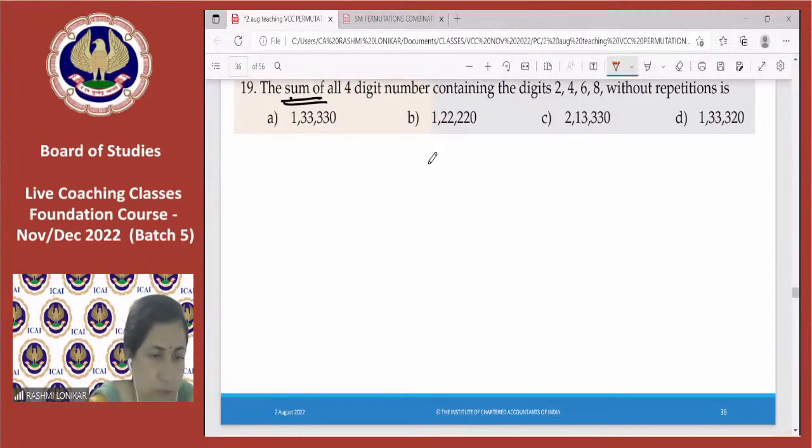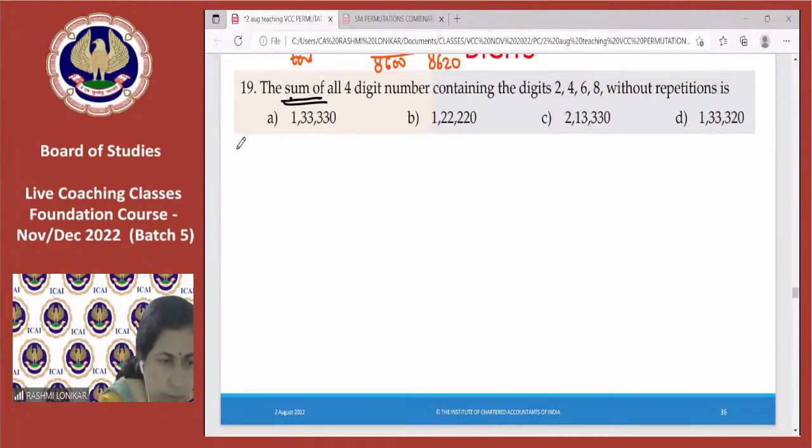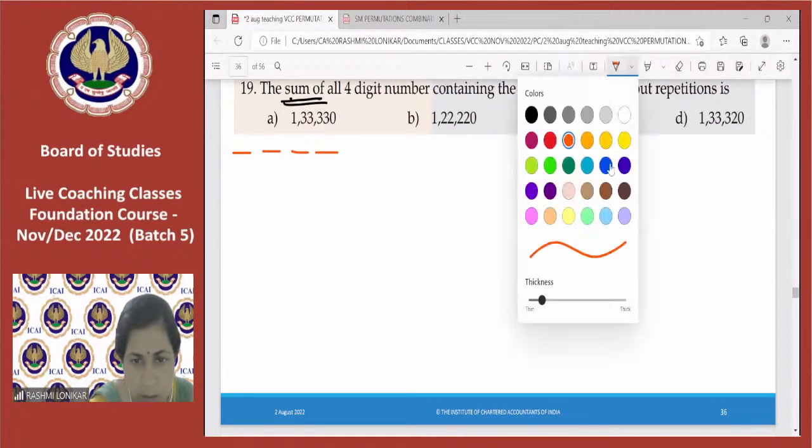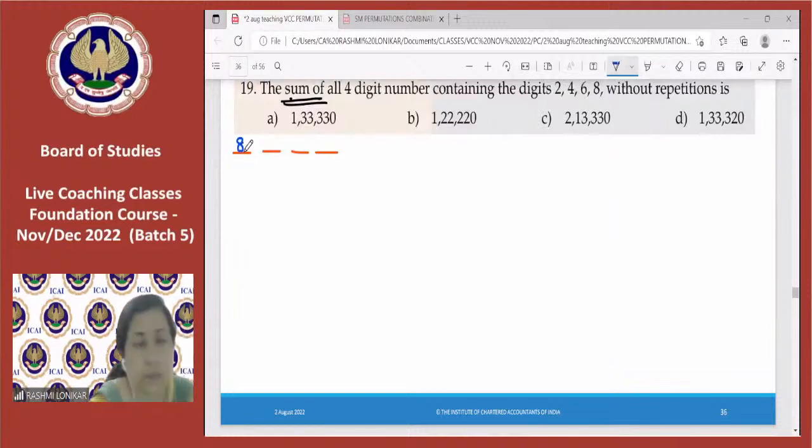Now, because there is a 4-digit number, suppose I fix this number as say 8. Suppose I put 8 in the first place over here, that is in the thousands place.